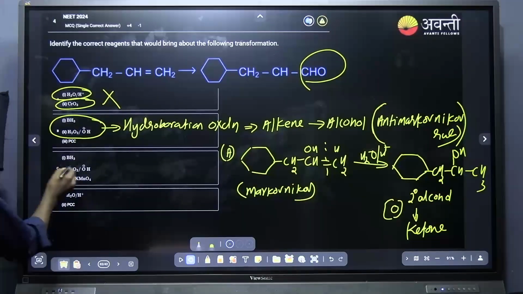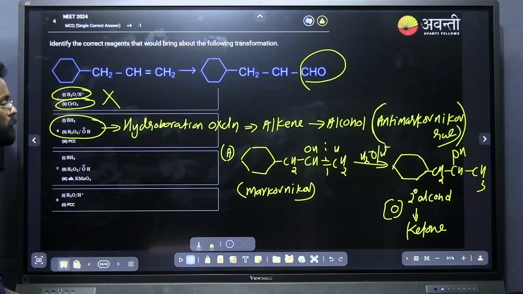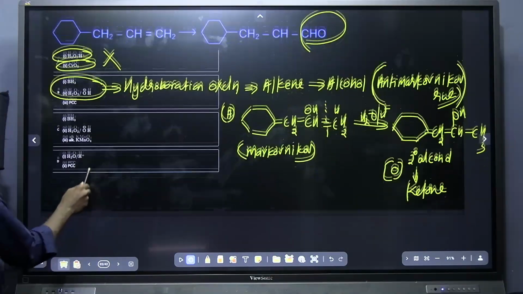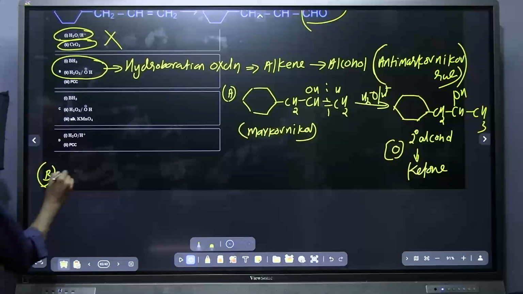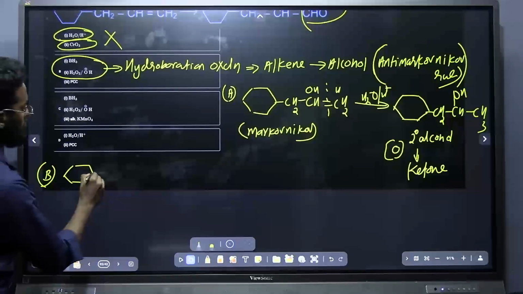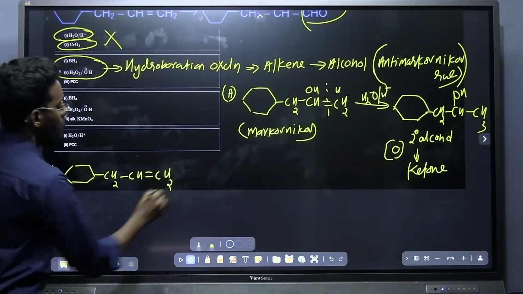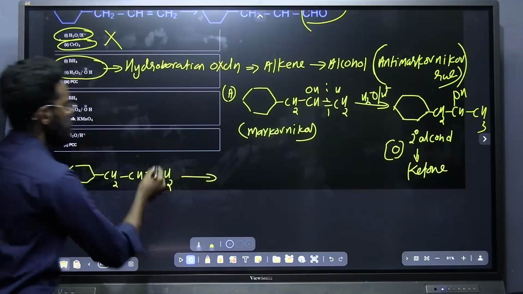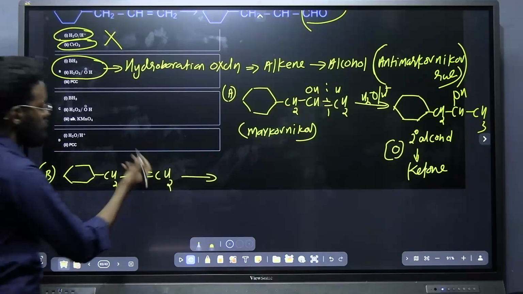Now the second option. If you observe, hydroboration oxidation follows anti-Markovnikov rule. The first one is over, just note it down. Now B, anti-Markovnikov rule. CH2=CH-CH2. Anti-Markovnikov means here it is addition of water only.